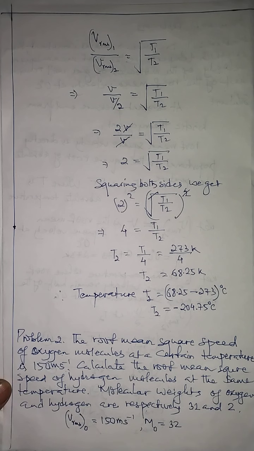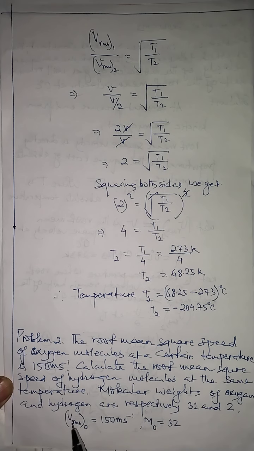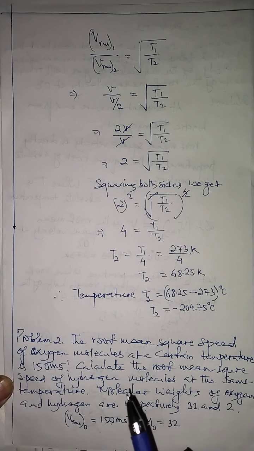In this particular problem, I consider VRMS O, where O means oxygen. So the root mean square speed of oxygen is already given, 150 meter per second. The oxygen molecular weight is also given, I am writing that as MO, that is 32.